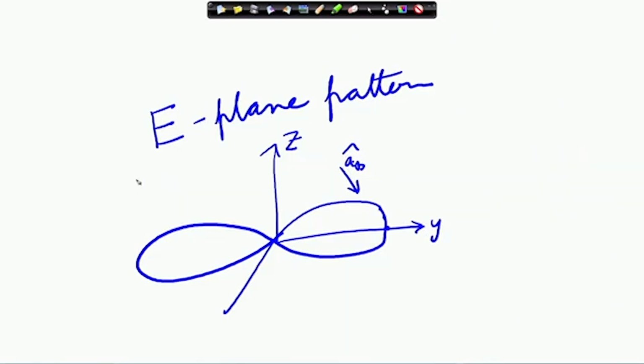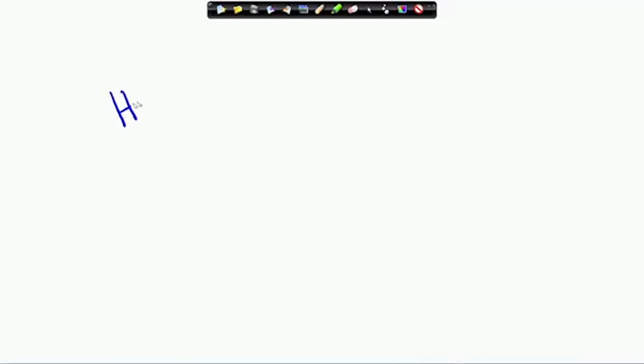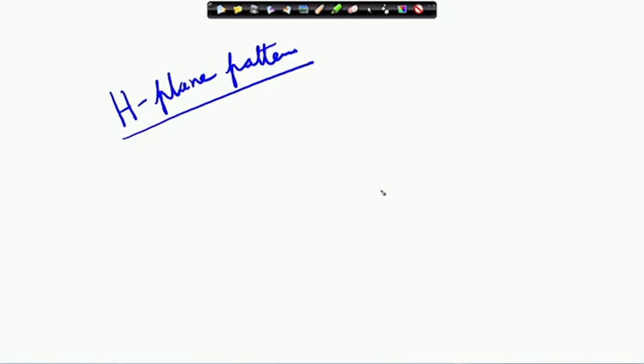The actual pattern was a revolution of this, as we have seen that day. So, this is the E plane pattern. Similarly, what is the H plane pattern? H plane pattern means the direction of maximum radiation, again that y axis, and the H field.